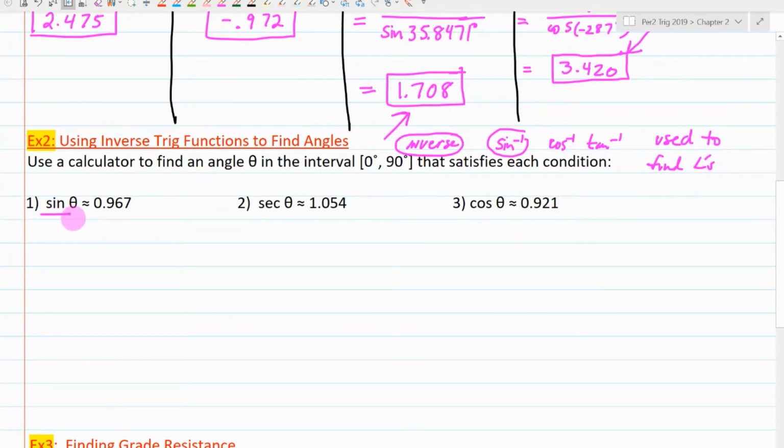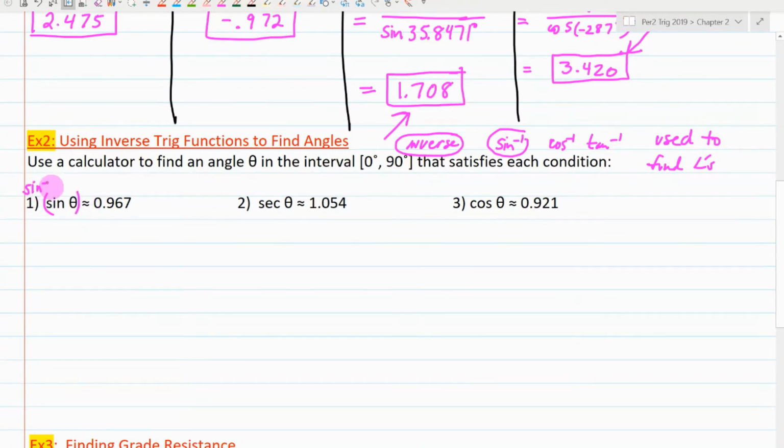So sine theta, the only way to get sine and theta away from each other, it's like saying 2 times x, the opposite of multiplying by 2 would be dividing by 2. If you had x plus 2, the opposite of adding 2 is subtracting 2. If you had x squared, the opposite of squaring something is square rooting it. So sine theta, the only way to undo this is to do the inverse sine.